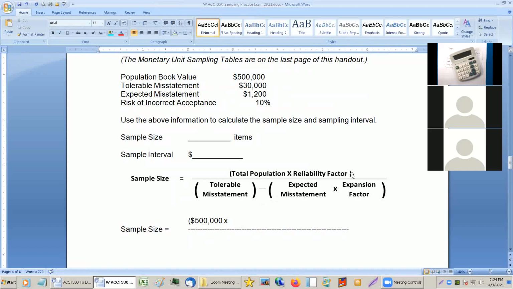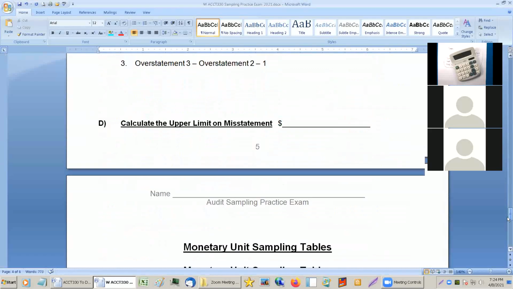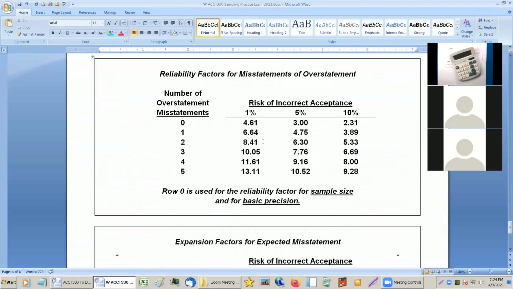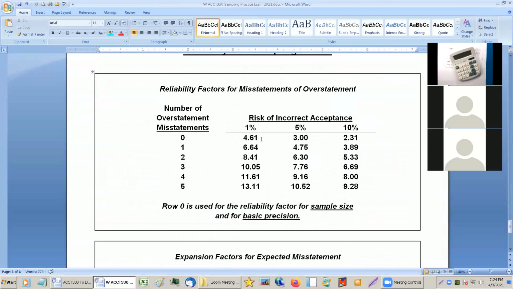Times a reliability factor. Okay, so we're going to go down and see our reliability factors. We're going to do this for sample size, and they tell us that row 0 is used for sample size. And basic percent.